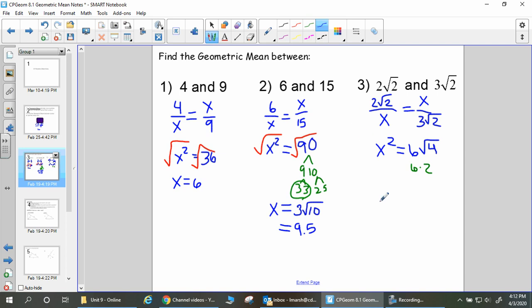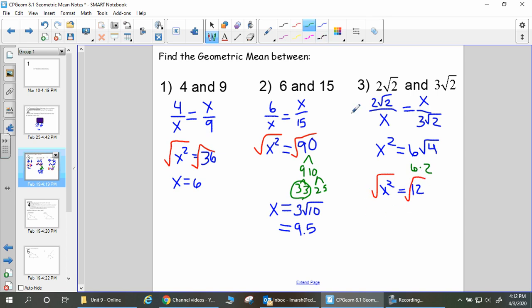So I can rewrite my problem as I still have an x squared, and we're going to be equal to 6 times 2, which is now 12. And so at this point, now I can square root both sides, because now my right-hand side is just a whole number.